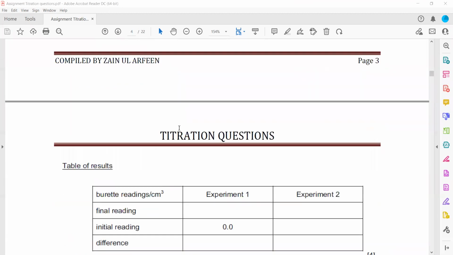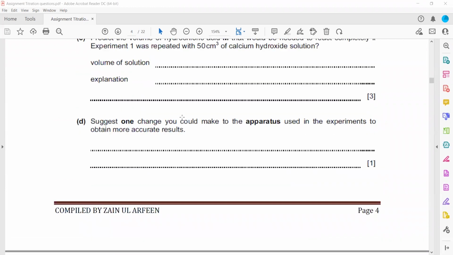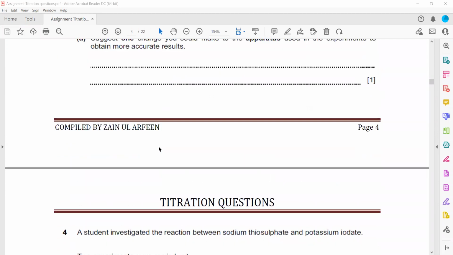We should use a pipette, or burette is acceptable. So we should use a pipette to add calcium hydroxide instead of a measuring cylinder, because a pipette is more accurate. But the disadvantage of the pipette is that it takes time to transfer the solution.